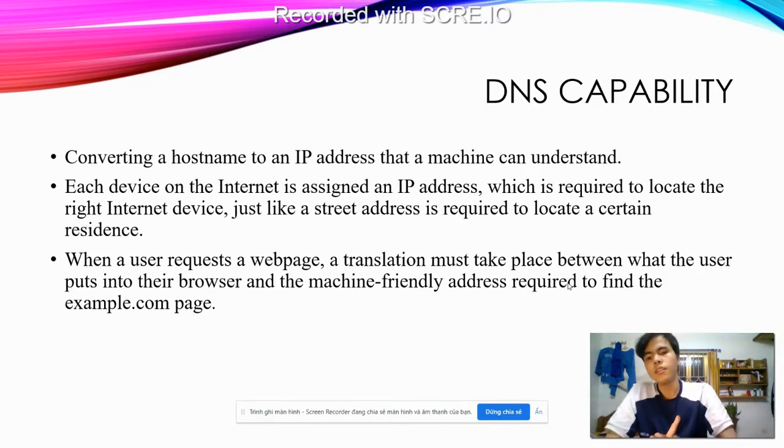Actually, this means when the user requests a web page, the DNS will translate the user input into an IP address to find the exact location of that page.